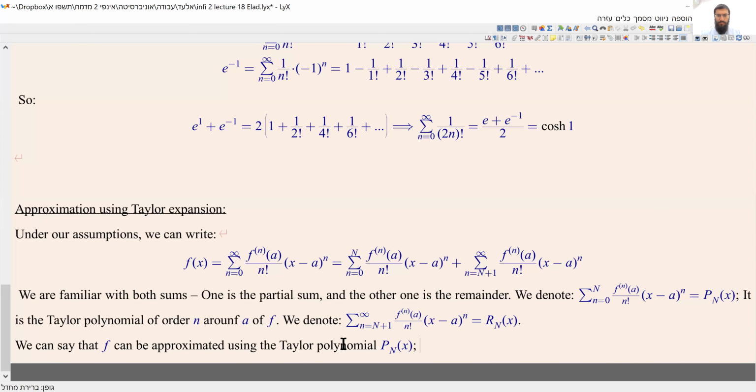The greater the n, the better the approximation. What is a better approximation? The remainder is smaller.